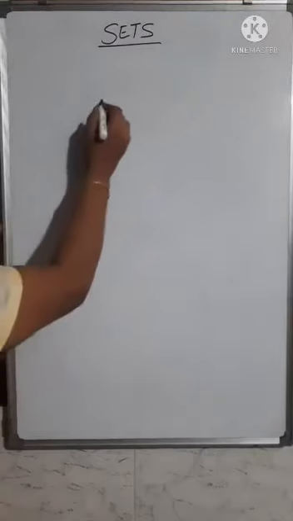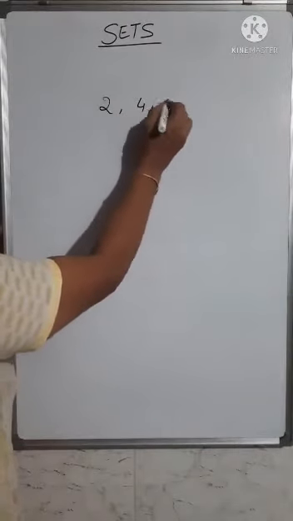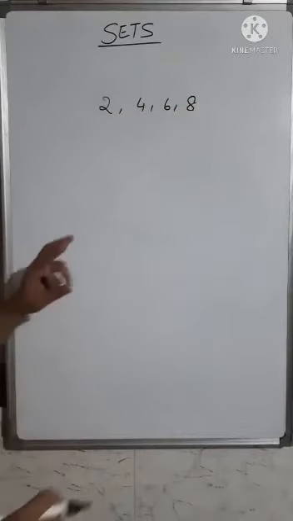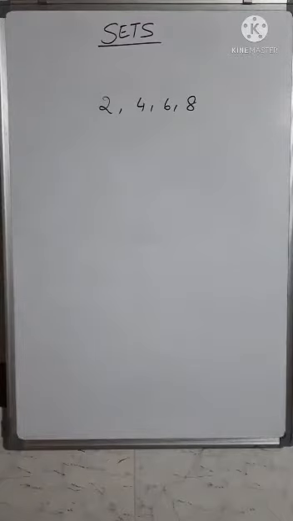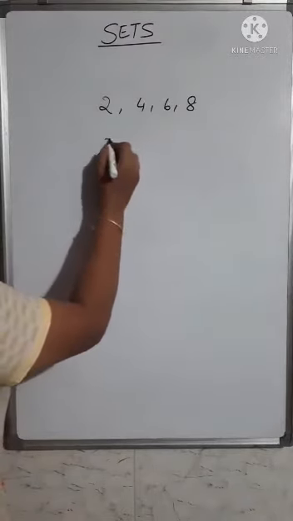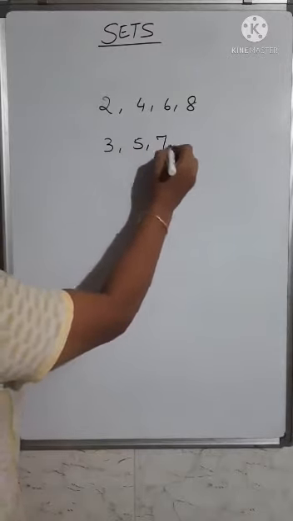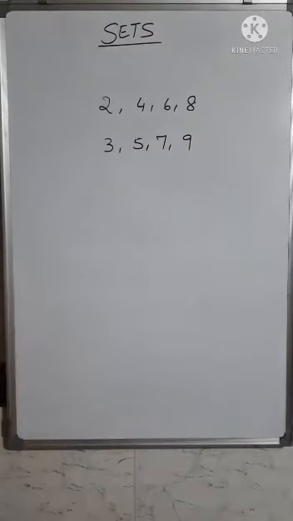Now for example, if I write the numbers 2, 4, 6, 8, you clearly can tell that these are a set of even numbers. Now if I write the numbers 3, 5, 7, 9, then you know that these are a set of odd numbers.